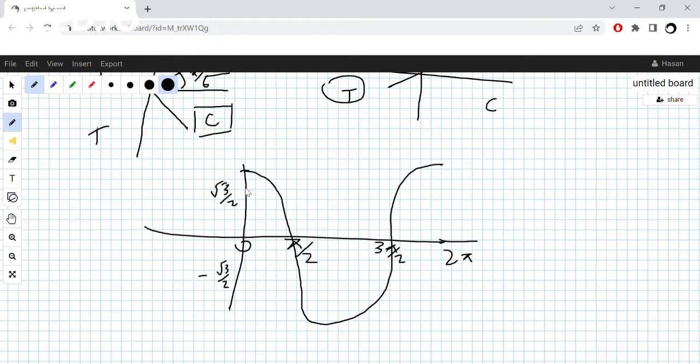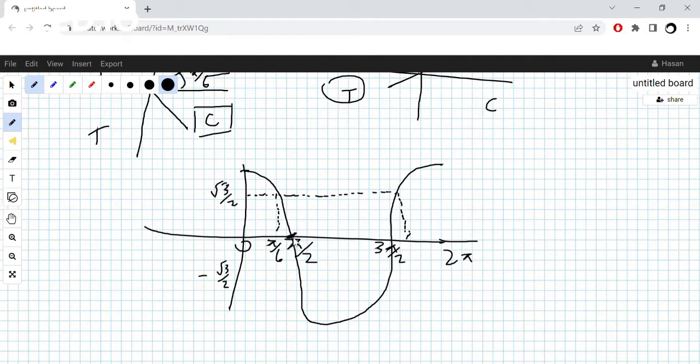Our first value for root 3 over 2, we go along, and that gives us pi over 6. Now we would go along again, and the way we would find what that gives us is, from the moment this crosses a line over here, figure out the difference between these two.